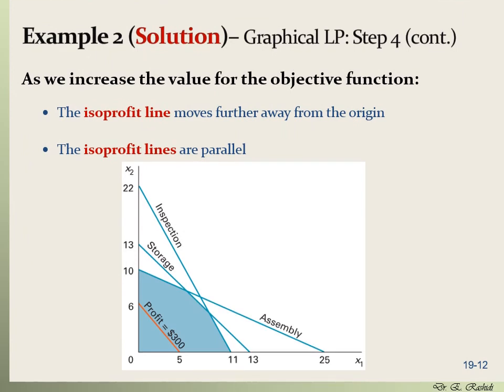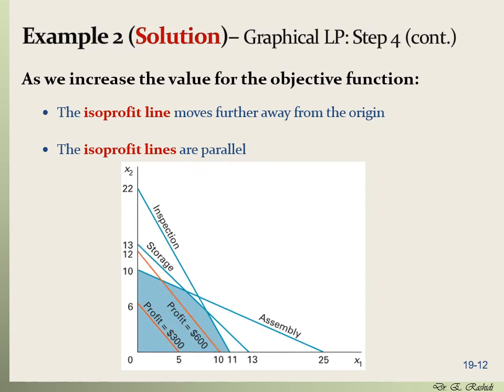So we're going to move the ISO profit line further away from the origin, and you have to notice that ISO profit lines are always parallel. Whenever you move it, the next one is going to be parallel to this one. So let's move it further to the right in this direction. That would increase the profit.